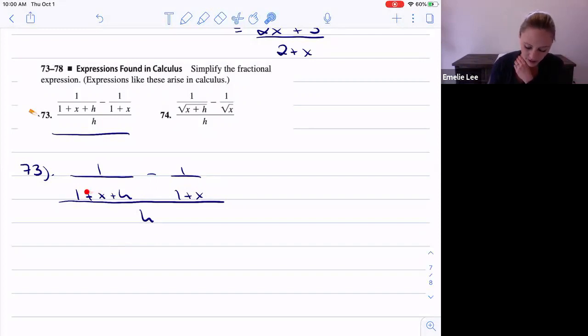The hard part is figuring out what my common denominator should be up here. So I'm just going to use my go-to tactic: 1 over 1 plus x plus h, times 1 plus x over 1 plus x, and then on the second term, times 1 plus x plus h over 1 plus x plus h.